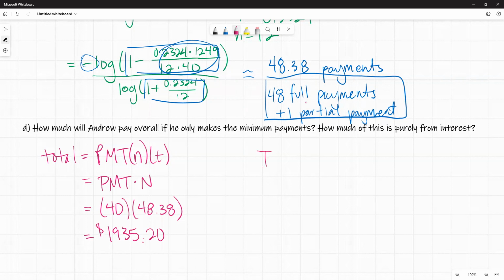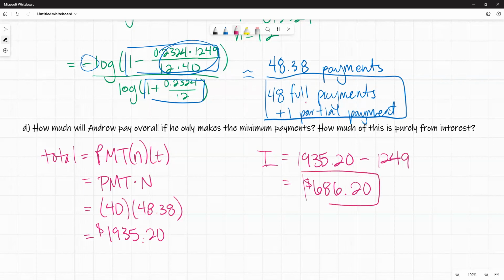Which means that our interest is going to be that value minus the price of the computer or the laptop, which was $1,249. And that comes out to $686.20.